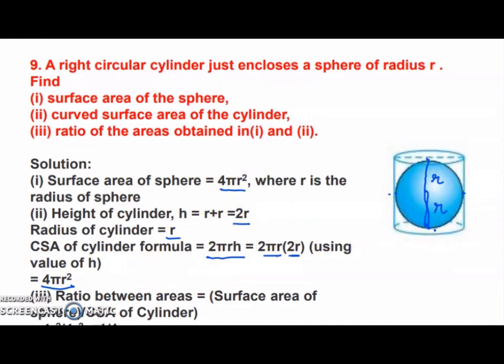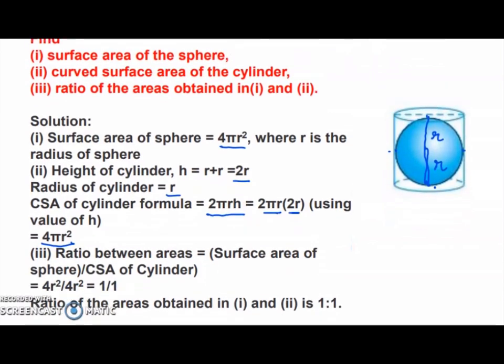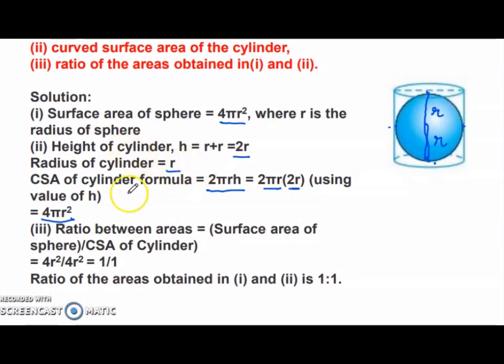So the ratio of the areas obtained in 1 and 2 will be 4 pi r square by 4 pi r square, that is 1:1. So it will be 1:1.